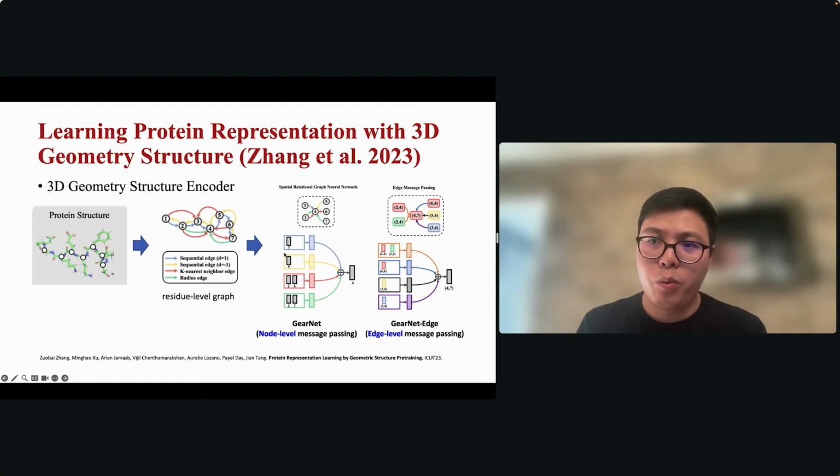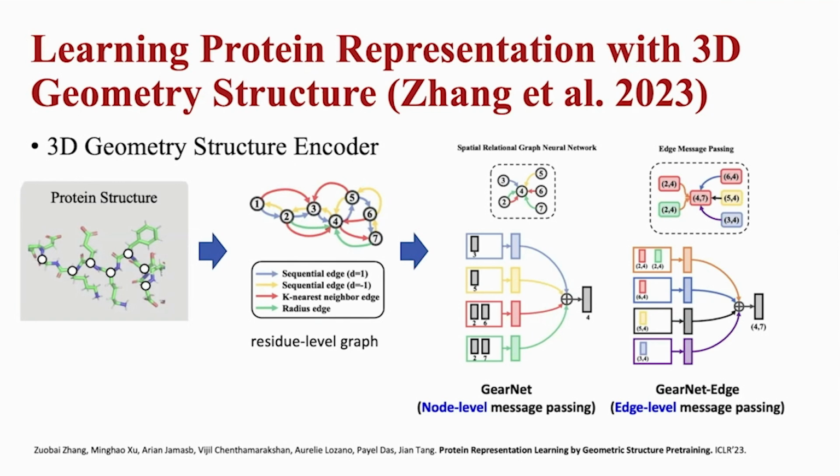Of course, when we do message passing between the residues, since there are different types of edges between the residues, we will also take the edge type into consideration. Once we do the message passing, we have a representation for all the different residues, and then we sum up all the residue representations to get the representation of the entire graph or the entire protein structure. So this is the first type of architecture we propose.